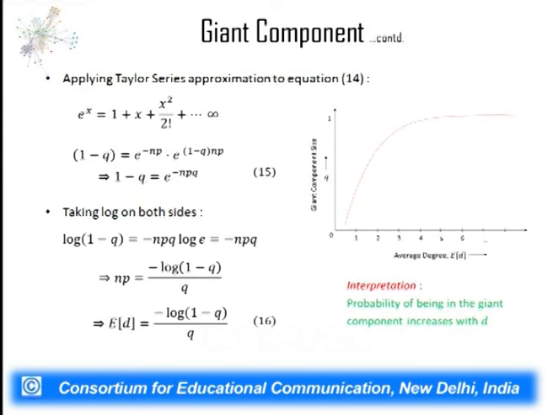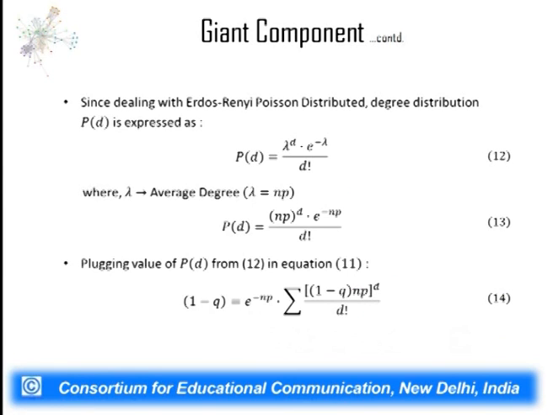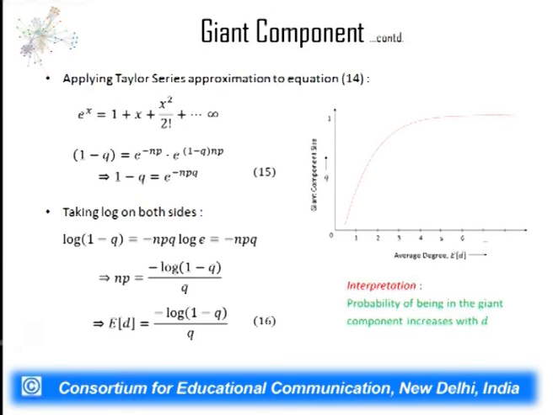Now, since equation 14 has become a little complicated, the Taylor approximation is used again. The Taylor approximation is the expansion of e to the power x, 1 plus x plus x squared by 2 factorial, etc. Here we have taken x to be this entire part in equation 14, which is 1 minus q multiplied by np, and we get equation 15 out of it.